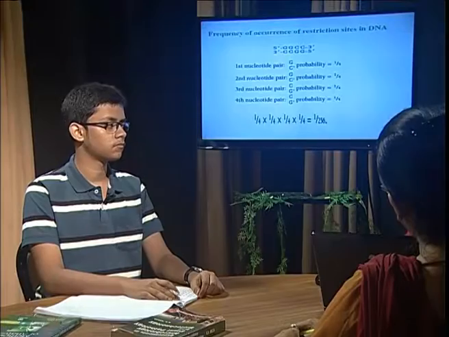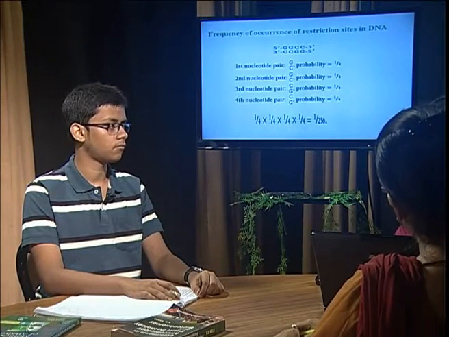But this is the theoretical portion, and in reality it differs because there might not be a uniform distribution of nucleotides in the sequences, or sometimes the enzymes have preferences for the sequence present at different portions of the DNA molecule.